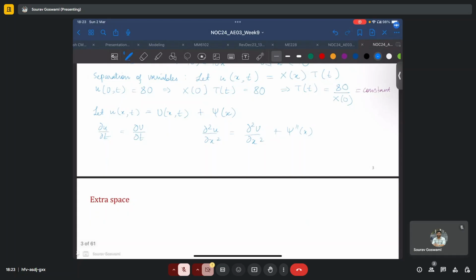Now we compare this with the standard form of the heat equation.